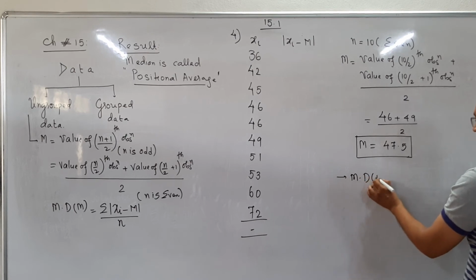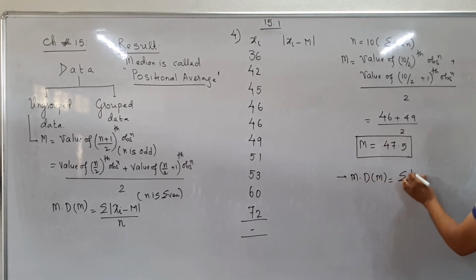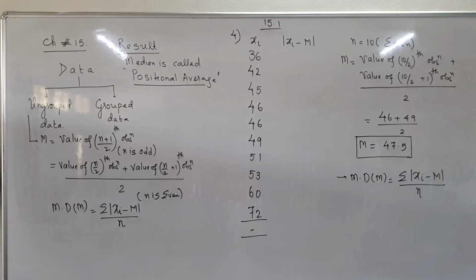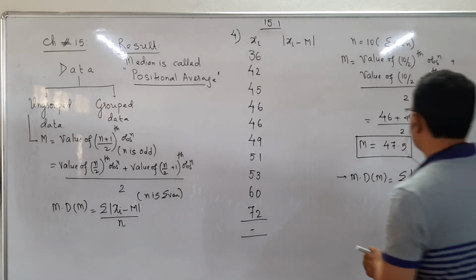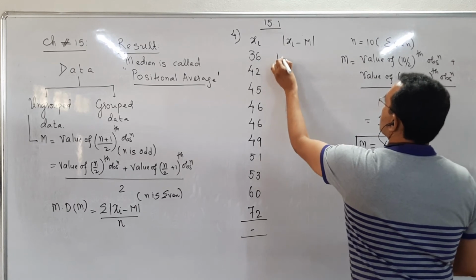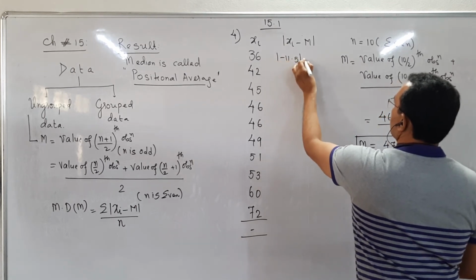Then mean deviation with respect to median, students, is sigma mod xi minus m divided by n. Now, come, I think all of you can very easily operate this part. Come, 36 minus 47.5, so it is minus 11.5.